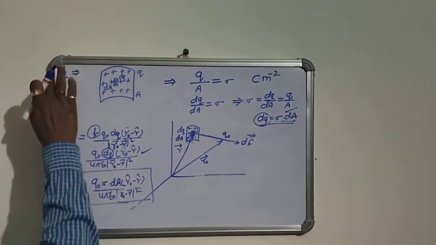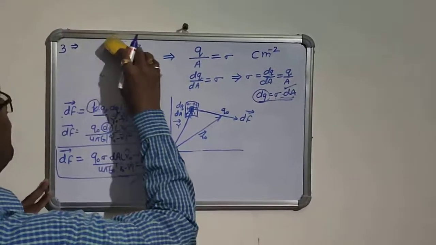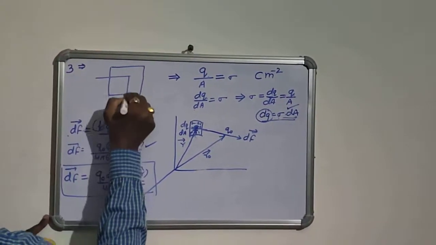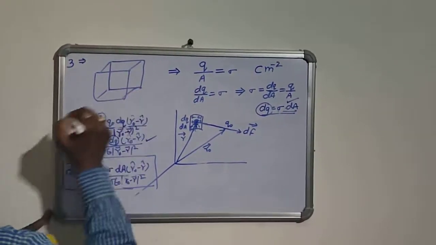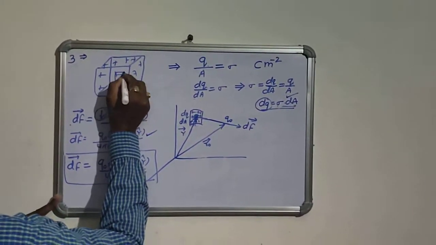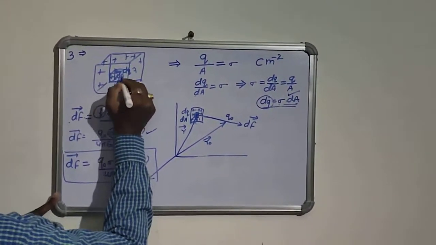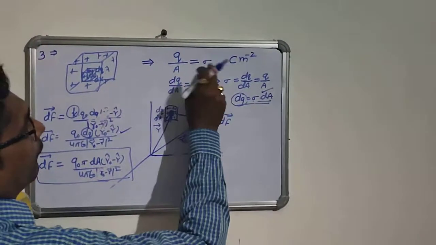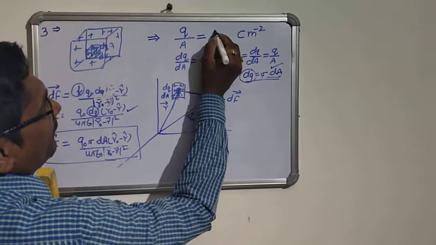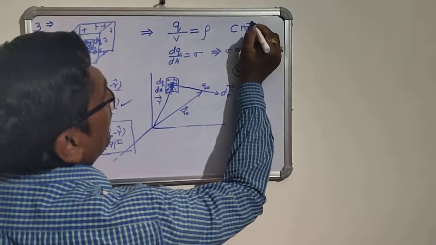Now the third case is volumetric distribution, or volume distribution, represented by this type of figure. The charge on the whole body is Q, and the small segment of the cube has charge dq and volume dV. The volume density is represented by rho, and here we replace A by V, and the unit is per meter cube.